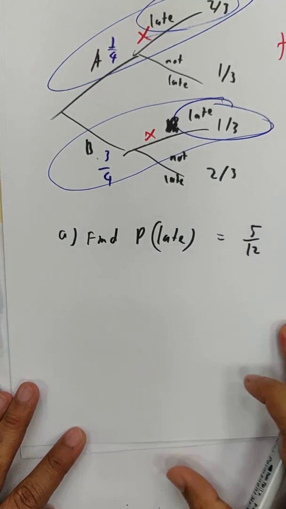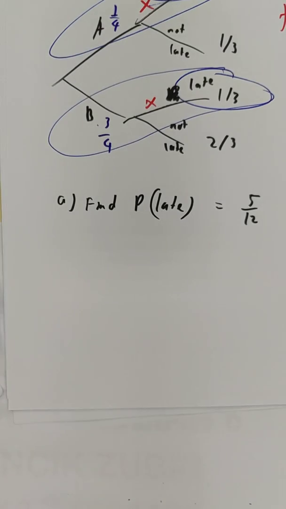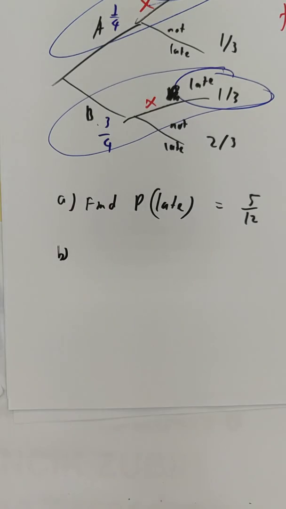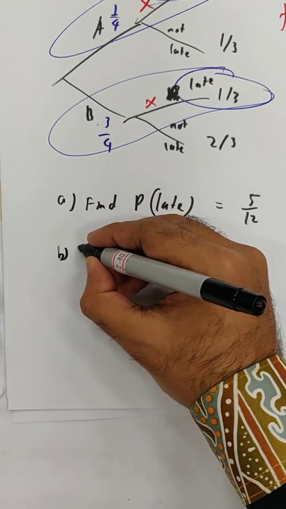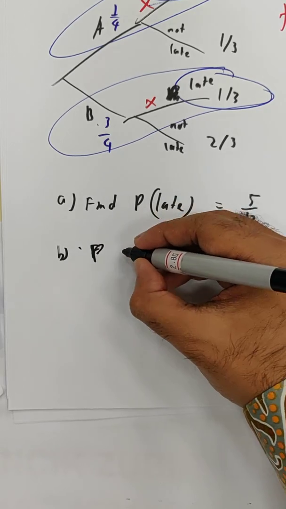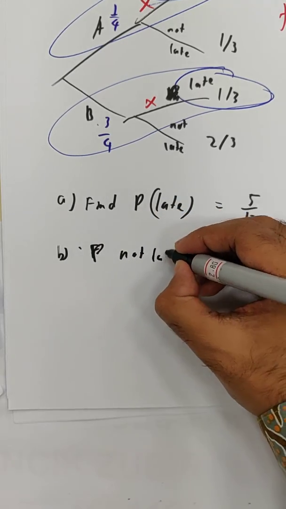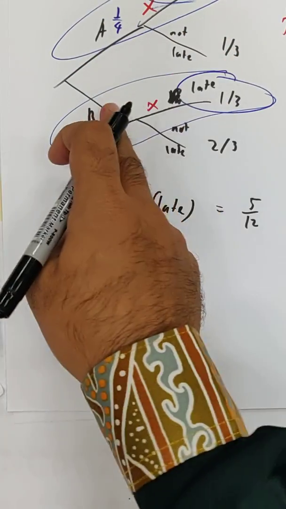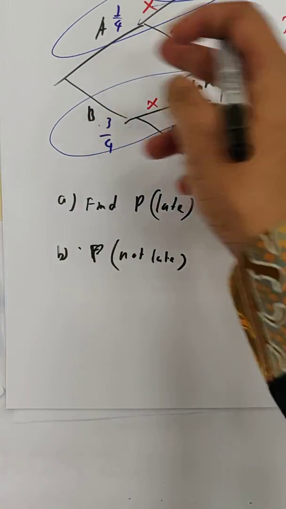Sorry, I'm skipping steps a bit. Now, let me ask you a quick extra question. What about the probability that he's not late? How do you solve this one? You take this branch, and this branch, and plus them.